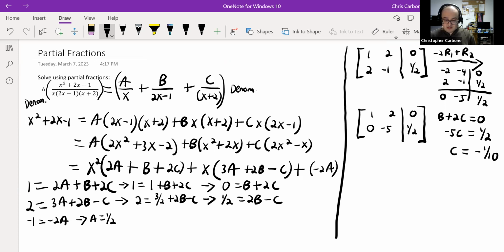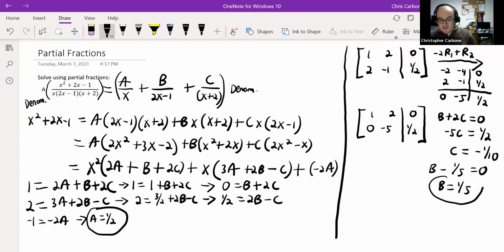Plugging that back into the first equation, we would get b minus 1/5 is equal to 0. Moving that over, we get b to be 1/5. So we have a solution for this. We could rewrite this in terms of a being 1/2, b being 1/5, and c being -1/10.